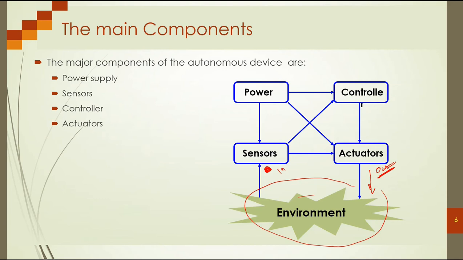In elevators, the output is the motor. The motor will move the elevator, so this is also output. This is just to explain that all the inputs will be through the sensors and the output through the actuators.